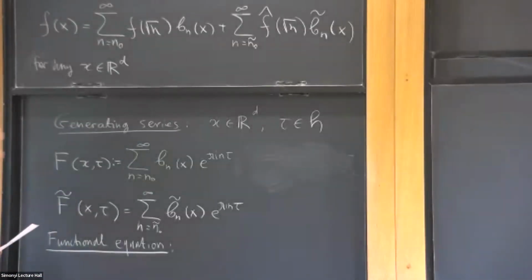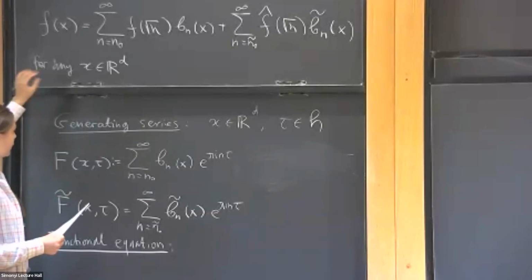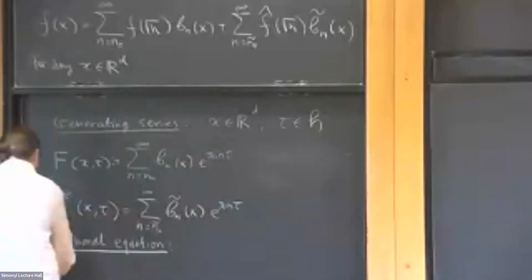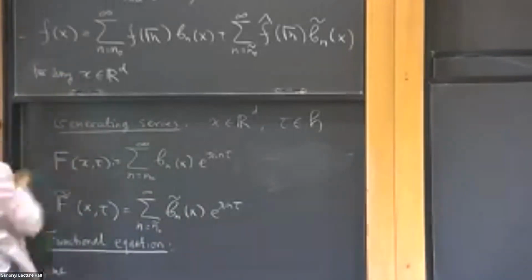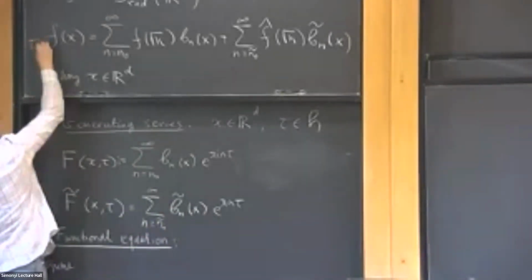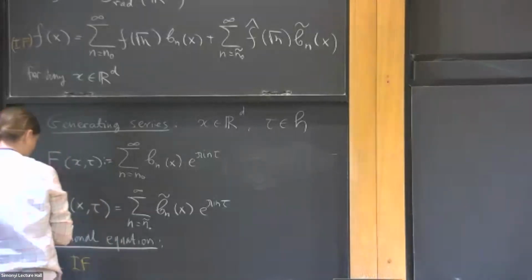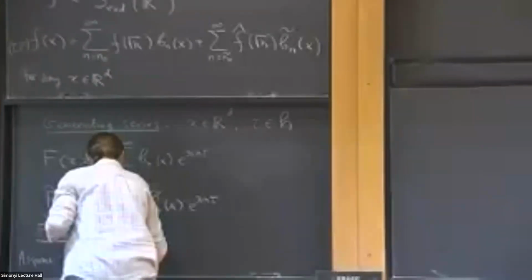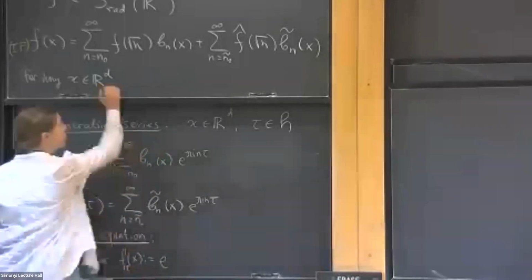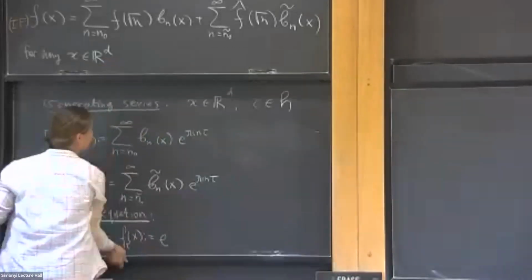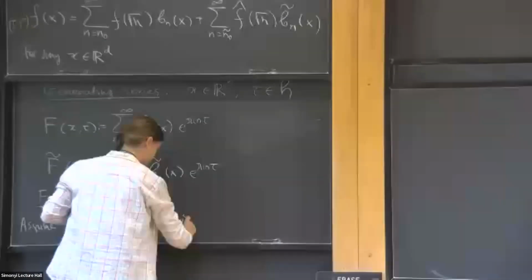We assume that the interpolation formula is true for the complex Gaussian function with parameter tau, that is, for f_tau of x equal to e to the i pi x squared tau.